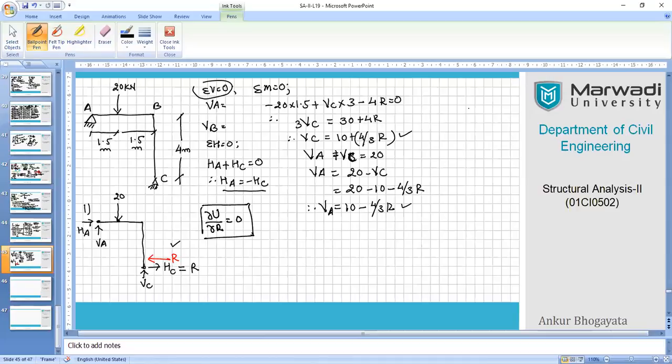Since we don't need to change the slide as such, I will be writing this VA and VC here somewhere so that I can create a table over here for your better understanding.